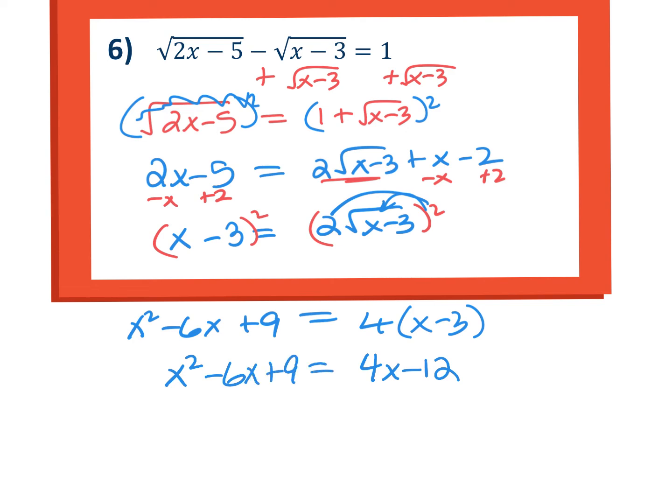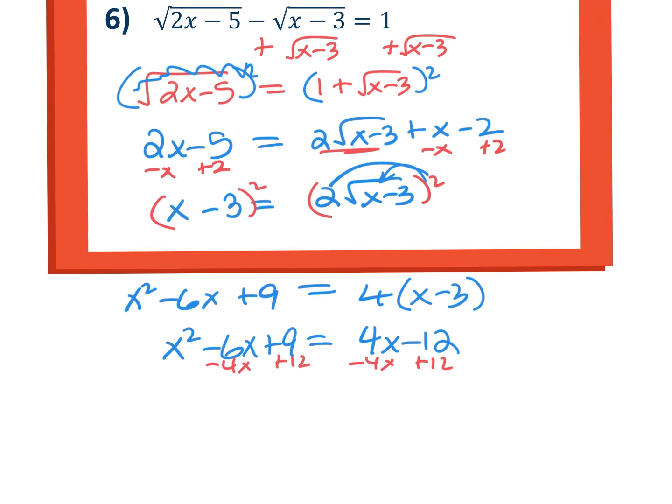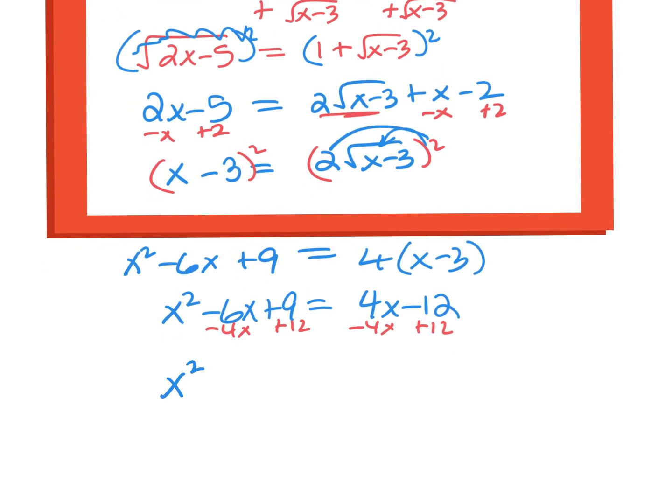Rewrite this left side. And now I'm going to move my like terms together. So I can move the 4x and move the 12. So now I'm left with x squared minus 10x plus 21 equals 0. Factors of 21, positive 21, that will give me a -10.